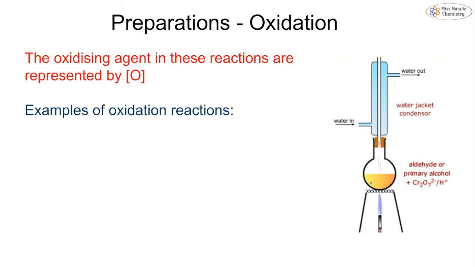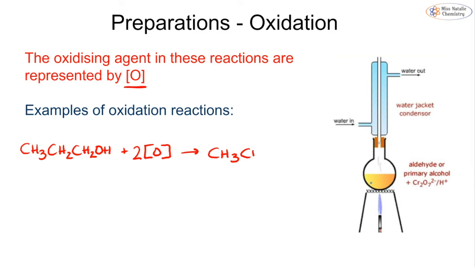As we've seen previously, the oxidizing agent is always represented by this O in brackets. So some examples could be propan-1-ol, if we have our primary alcohol, plus the oxidizing agent, and because this is a two-step reaction, it requires 2 moles of the oxidizing agent, and that would form propanoic acid.